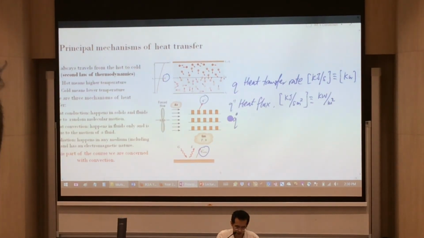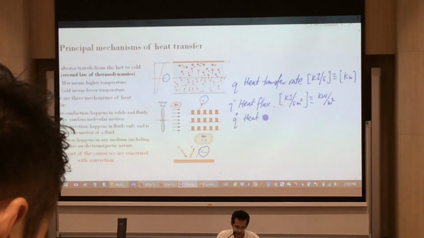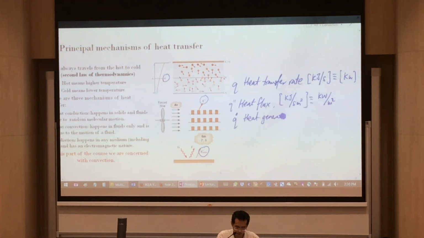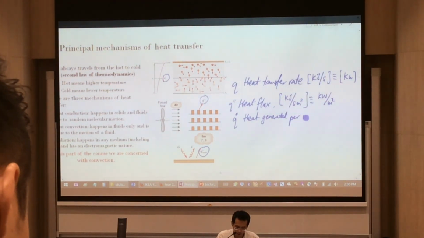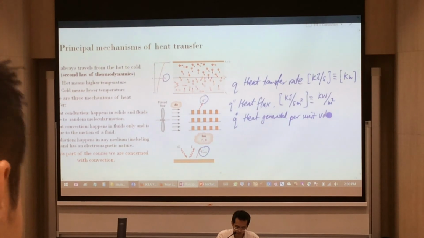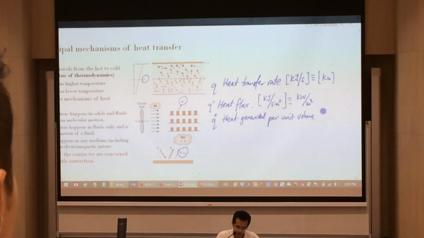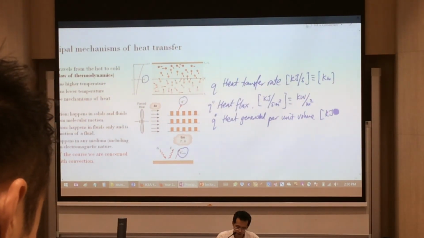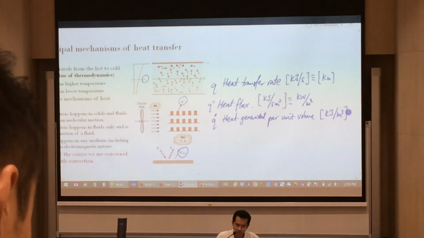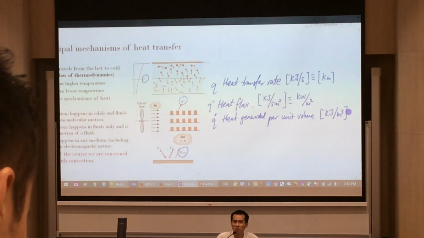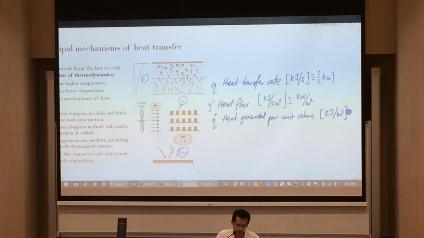Q dot in our case is heat generated per unit volume. And that would have the units of kilojoules per meter cube. This is volume, unit volume. In our case, capital letter Q, we just call it heat. And heat would have the units of kilojoules.